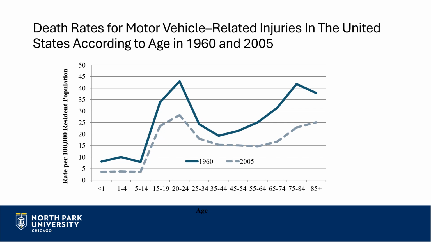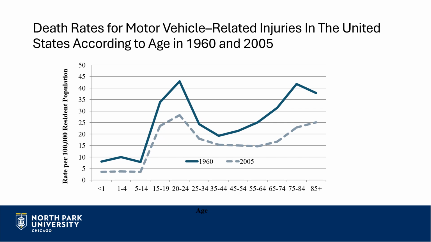Look at this one. Death rates for motor vehicle related injuries in the United States according to age. Again, these statistics are old, but I think that if you looked at them, they would be similar. But you can look at where it peaks. That's almost surprising to me.